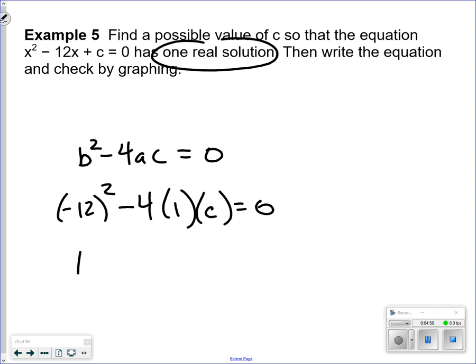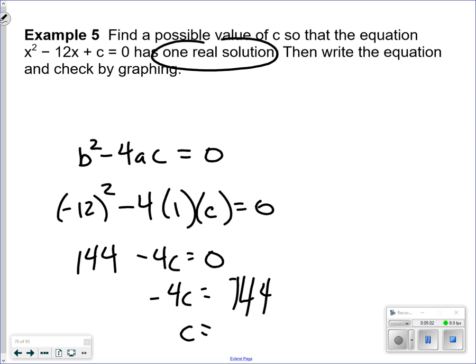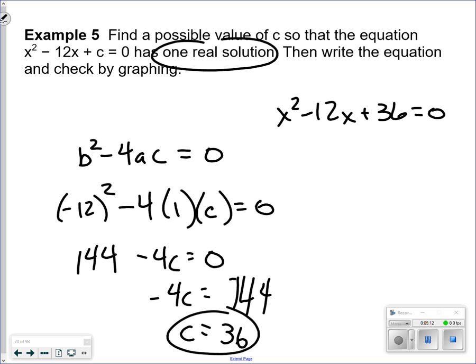So I have 144 minus 4c equals 0. Solve. c would equal 36. So write the equation: x squared minus 12x plus 36 equals 0.